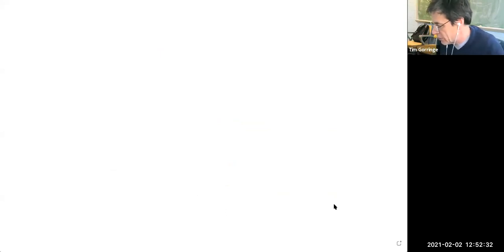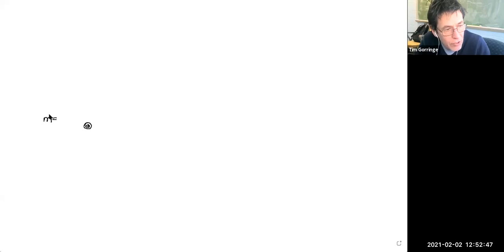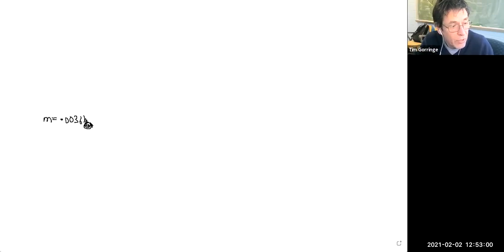Okay, so I think I've shared my whiteboard with you, and we're going to work out this problem. So let me start with a little sketch. I always like to start with a sketch. Here's the test charge. And we know the mass of the test charge, 3.8 grams, that's 0.0038 kilograms.